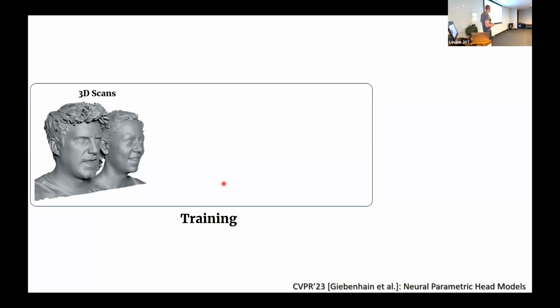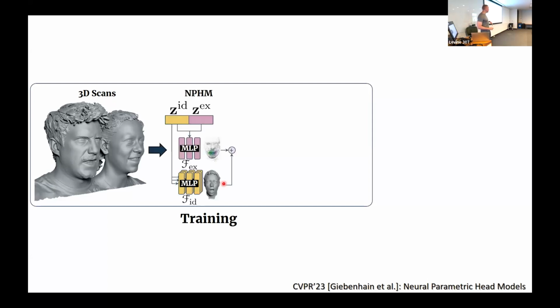During training time, I want to take different people in different expressions, and then optimize for an MLP that parameterizes expressions and identity respectively. I have the respective latent code for these MLPs, identity and expression. I want to make sure that these are orthogonal, meaning that they disentangle.